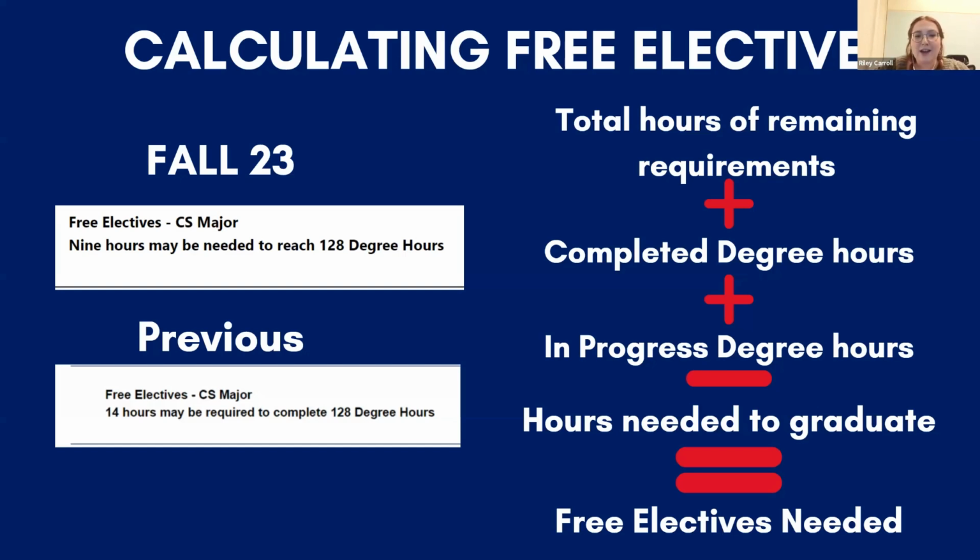Then add that number of hours that you have in progress under that same degree hours section as well. Once you have that sum, you'll subtract the total number of hours that you still need to graduate. This number you just calculated is the number of free electives needed at the moment, but may be able to be reduced by using classes sitting in your courses not used section.